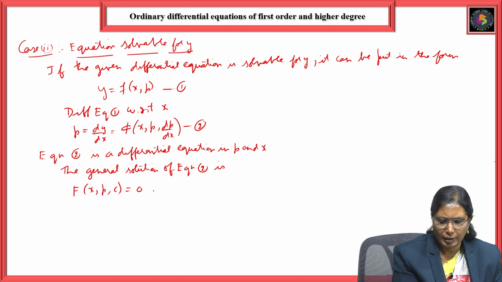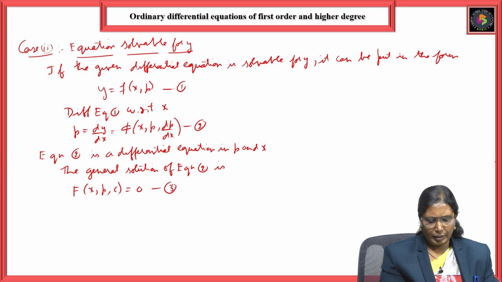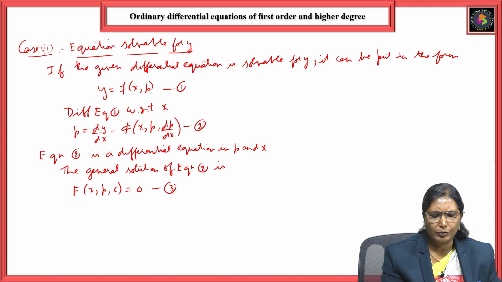Take this equation as 3. Where c is the arbitrary constant, because this is a differential equation in p and x. Solving it, we get the solution as a function of x, p and c.